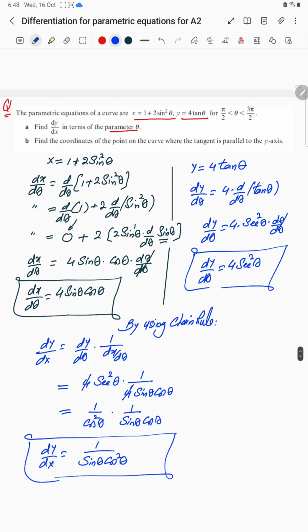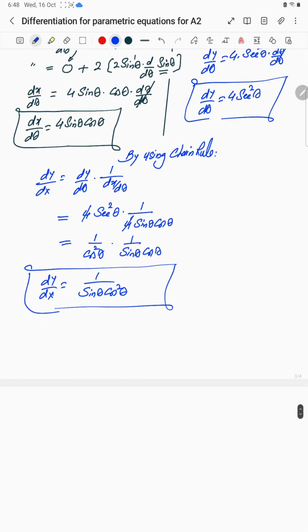Now the second case says find the coordinates of the point on the curve where the tangent is parallel to the y-axis. Okay guys, one important thing, this is the y-axis and this is the x-axis. At the x-axis you need to note it.